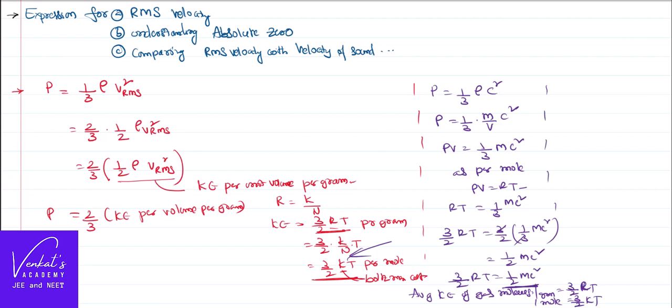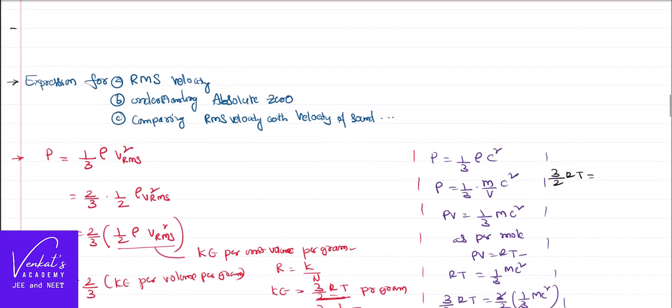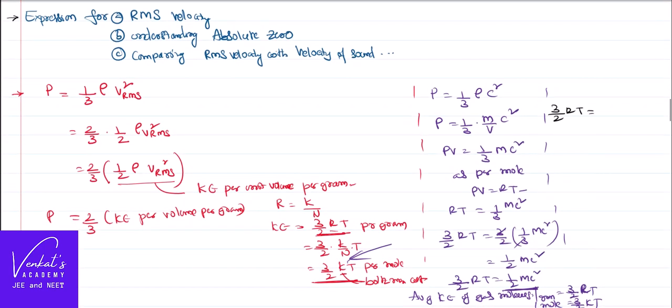Taking that basics into consideration, we can further write, I'll just continue this discussion so that we can go ahead. As we have proved, 3 by 2 RT is equal to half M VRMS square. I'm writing this from this equation.